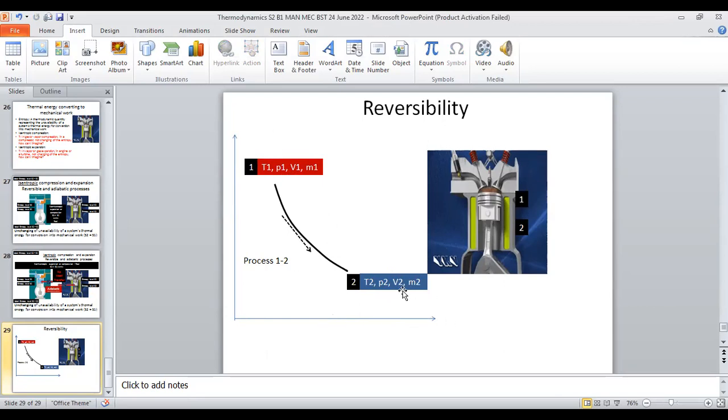For the given mass, only 2 parameters are enough for the ideal gas: temperature, pressure, or volumes, specific volumes will do. The minimum number of parameters required is 2. You will realize this when you do the calculations. 1 to 2.